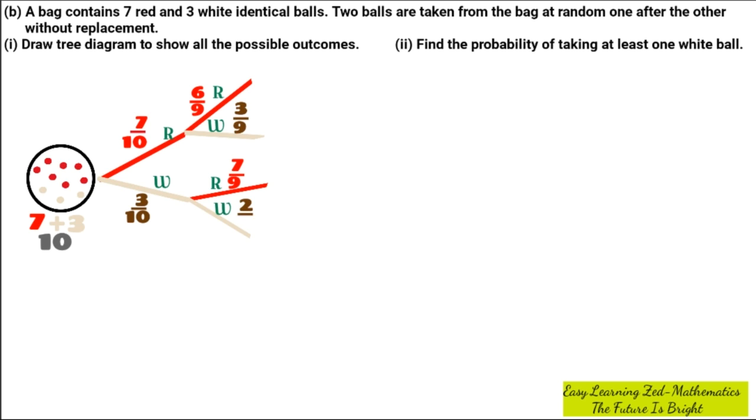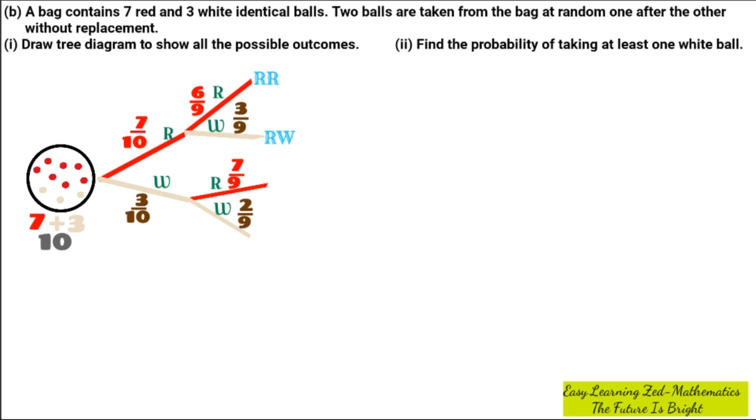is red on top there, meaning RR. That is, at first you picked a red ball and second you picked a red ball. If you look at that, it's just a red line from the beginning up to the end. Then here it means that you picked a red, which is going to be RW: at first you picked a red, second you picked a white.